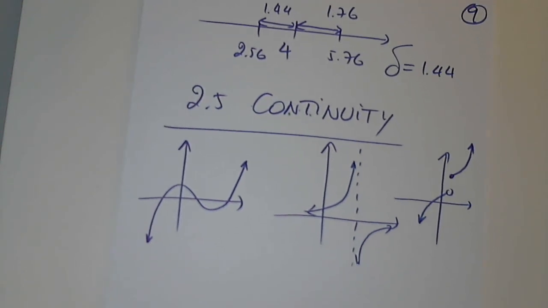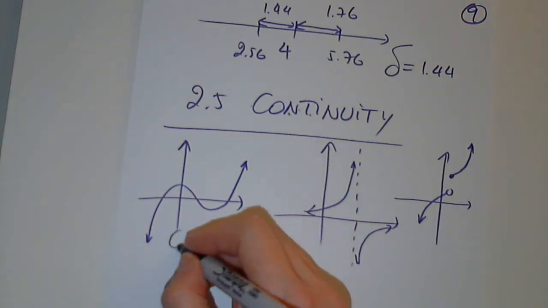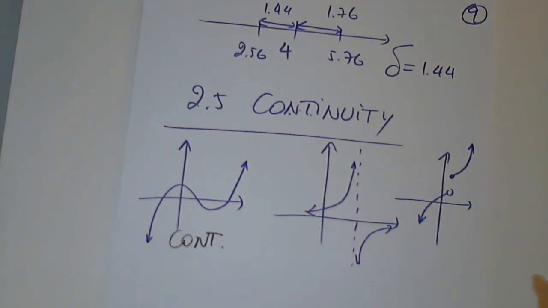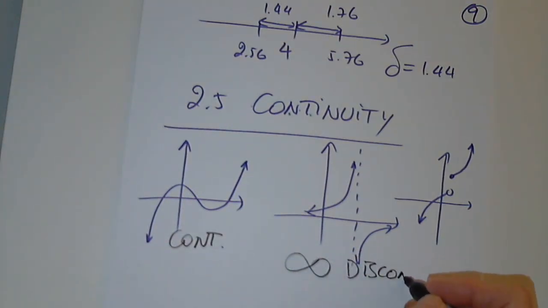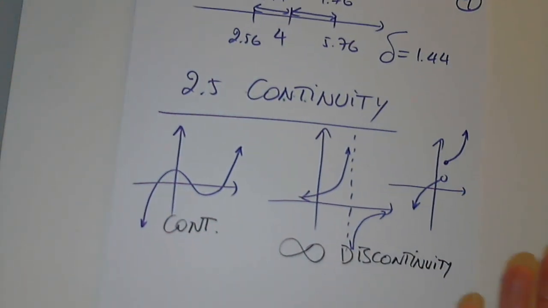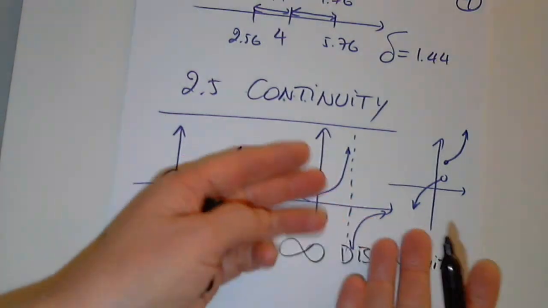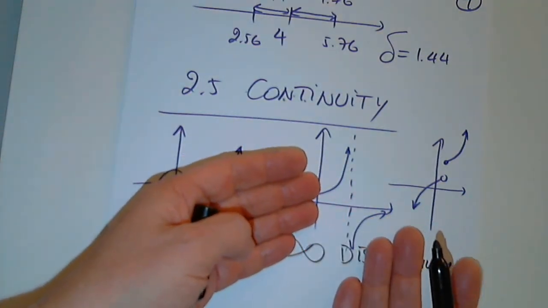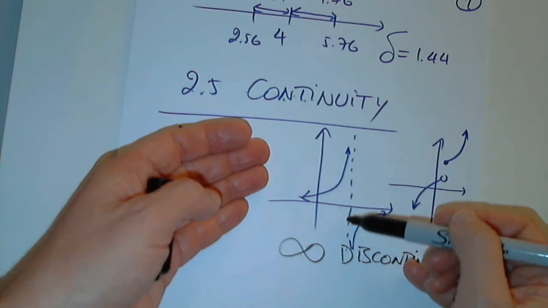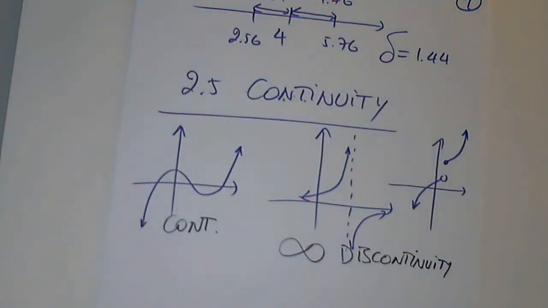So this is continuous. What about this function? It has an infinite discontinuity. What about this function? It's continuous everywhere else on its domain, but it's not continuous at this point. It has an infinite discontinuity.